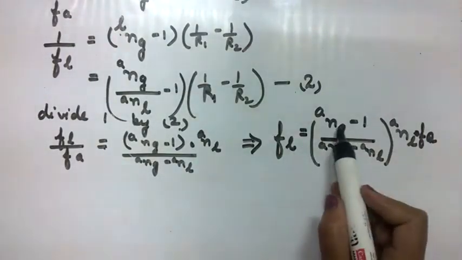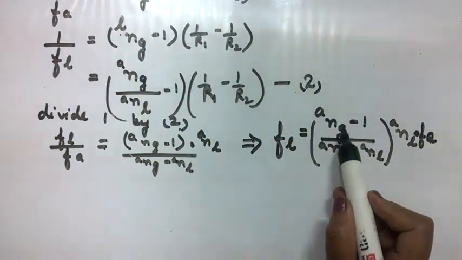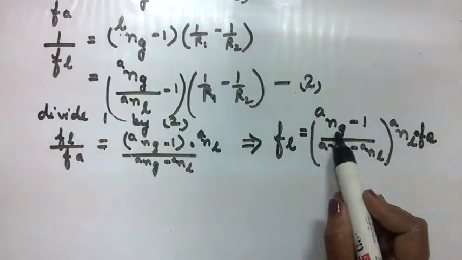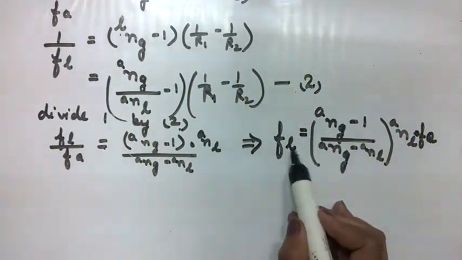Now here, if the refractive index of glass, that is the lens, is more than the refractive index of the liquid, then we can see that if this term is more, so Fl is positive.